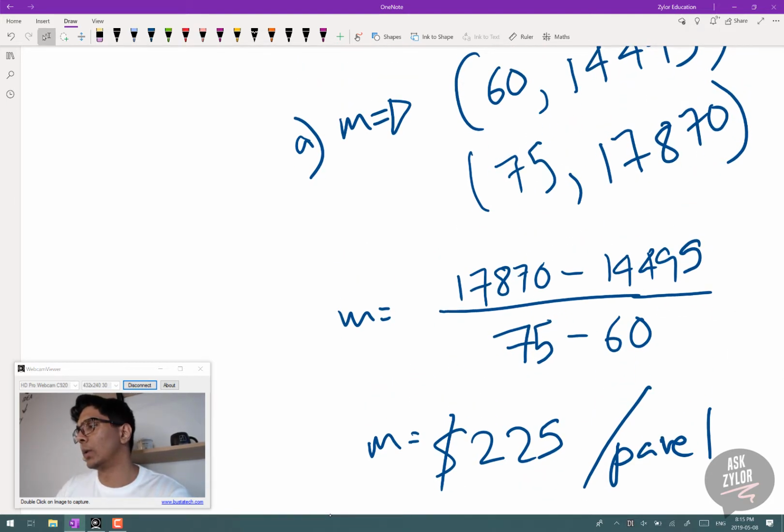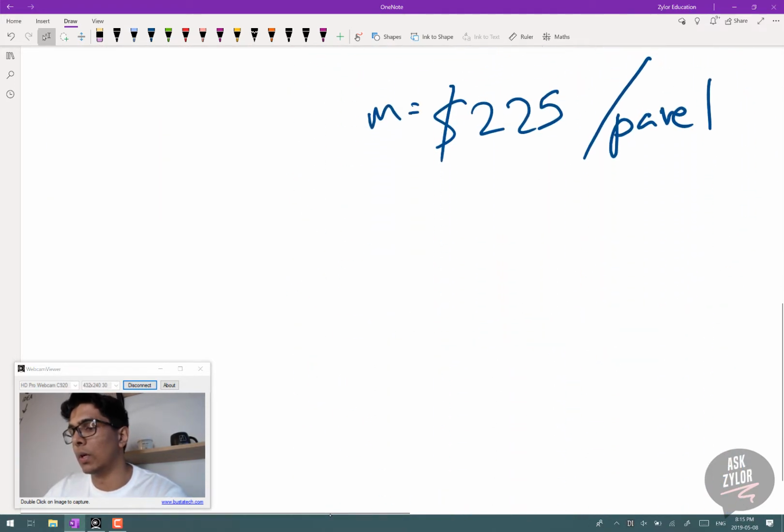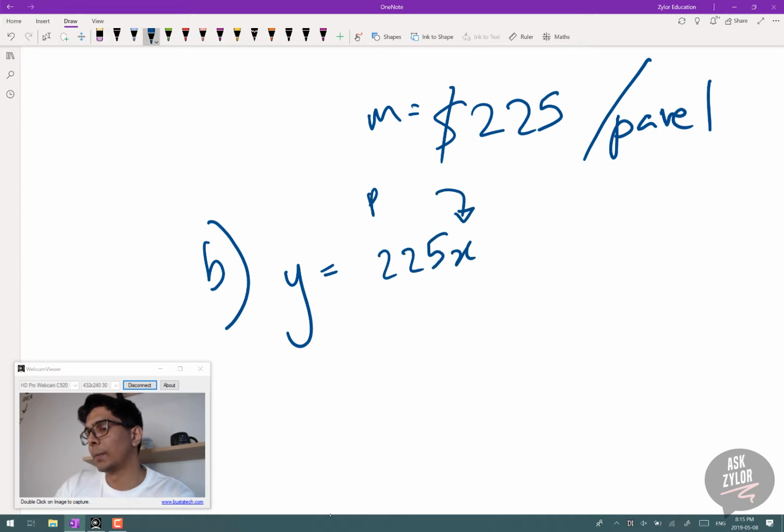The next part is asking what is the flat fee? So I have the slope. I can come up with an equation essentially. So I can say y is equal to 225x, where x is how many panels, and y is total cost, right?